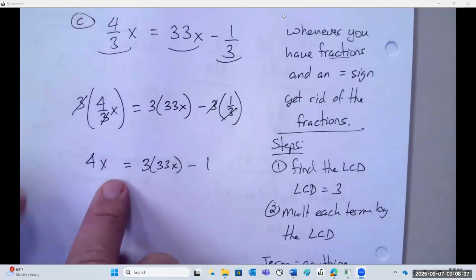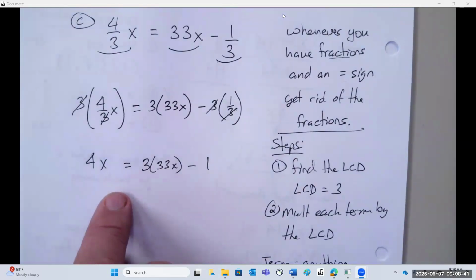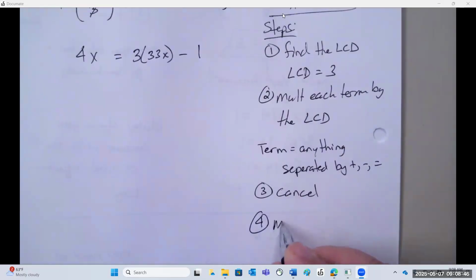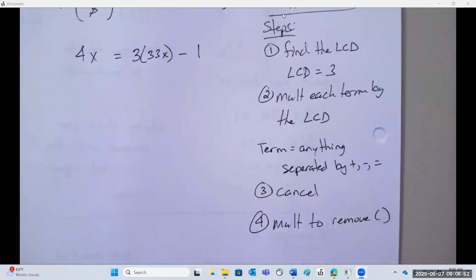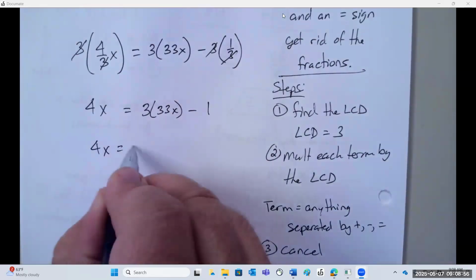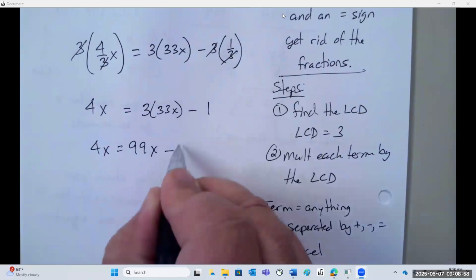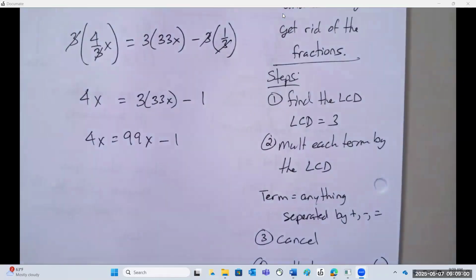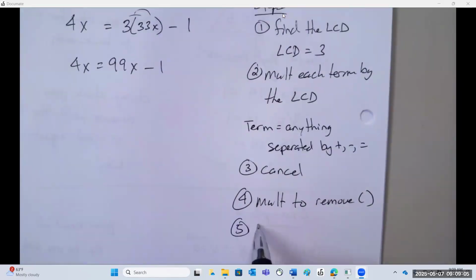This one. That's the reason we got rid of the fractions. It's the same equation, just looks different. Multiply to remove parentheses. And then solve.